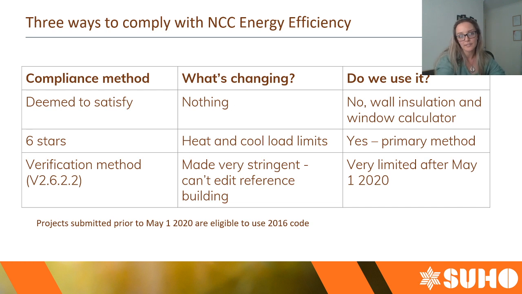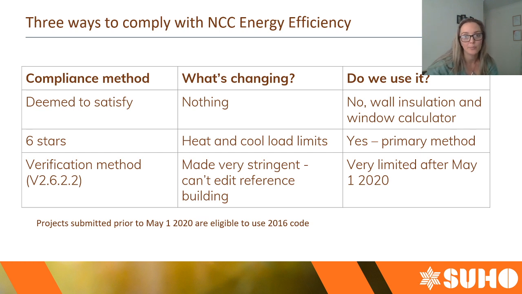The only difference now is that there are heating and cooling load limits in different parts of Australia. So not all areas in Australia, not all NatHERS climate zones have got these limits, but here in South Australia we have these limits. So if you get to 6 stars in South Australia, you still need to achieve heating and cooling load limits, which may bump you up to 6.1 or 6.2 stars depending on how out of whack your heating and cooling load is.